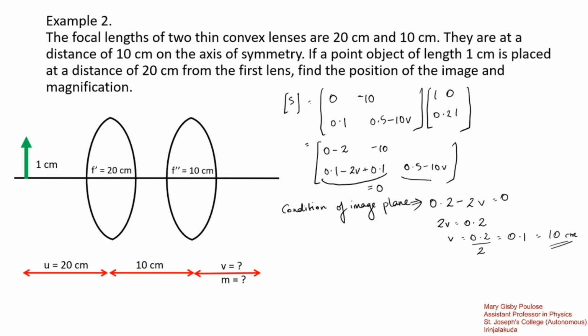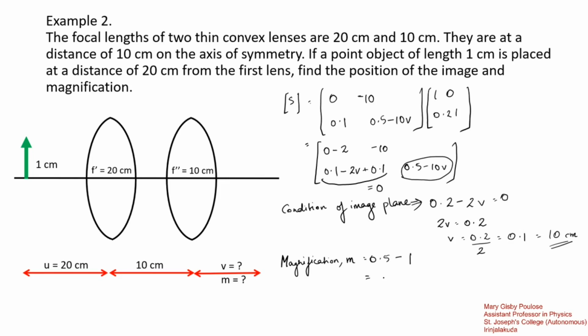To find magnification, this term is equal to m. Okay. From the system matrix of the image plane, it was this term that corresponds to m. So I can write magnification m is equal to 0.5 minus 10 times v. In meters, 10 times 0.1 is 1.